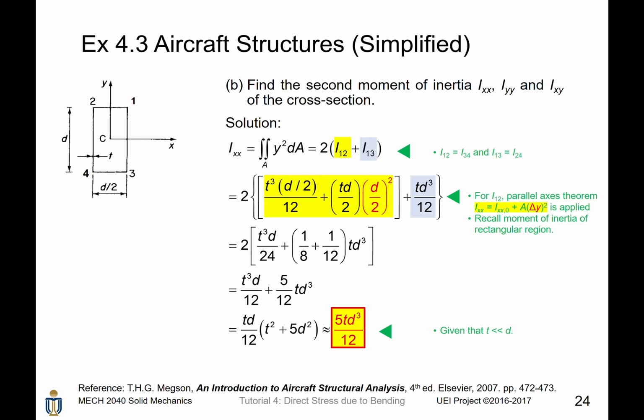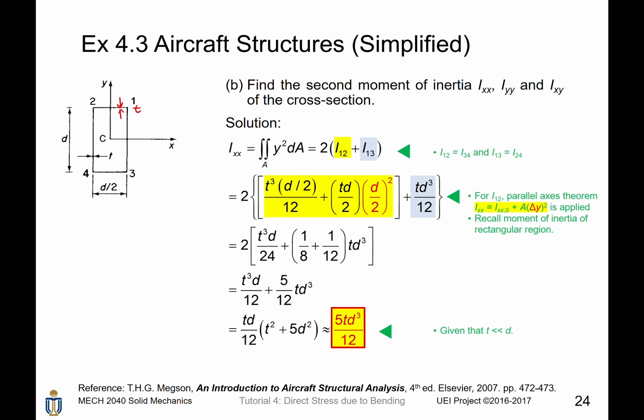For I12, since we are talking about y squared dA, the thickness, which is in the vertical direction, will be cubed, and its length is d divided by 2. So its moment of inertia about itself is given by t cubed times d divided by 2 divided by 12.